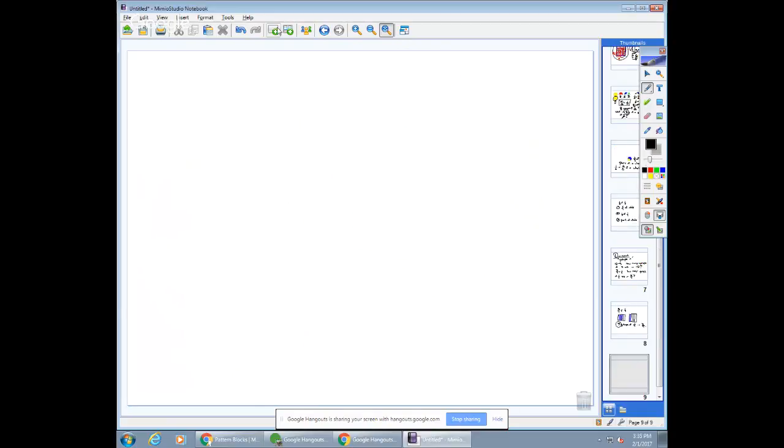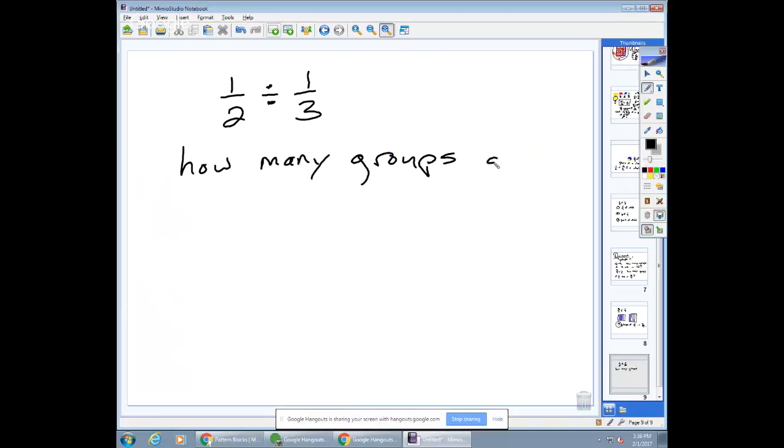Like, suppose we've tried to take 1/2 and divide by 1/3. So the question would be, how many groups of 1/3 are in 1/2?